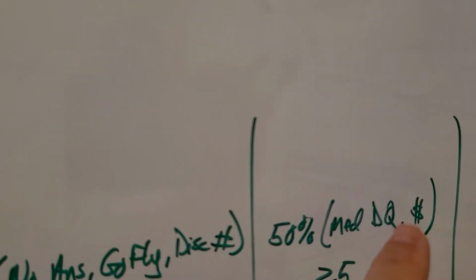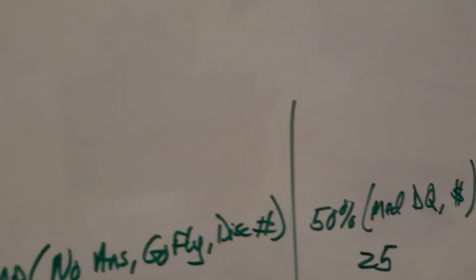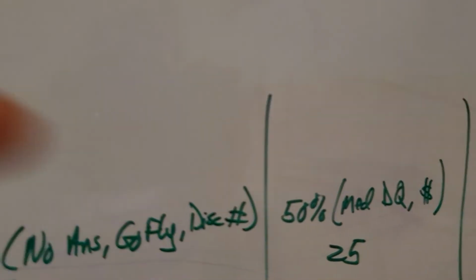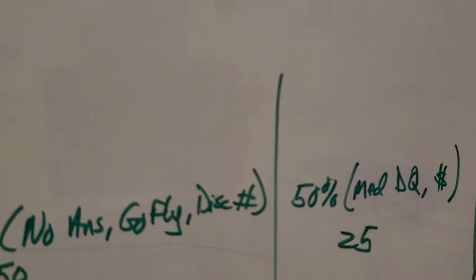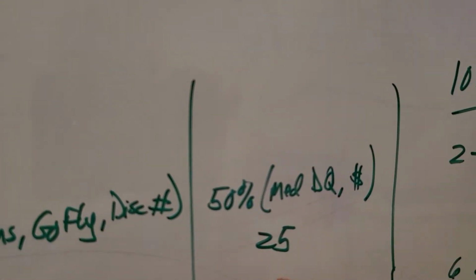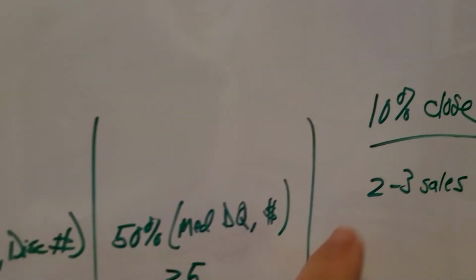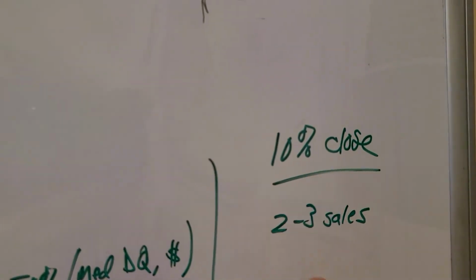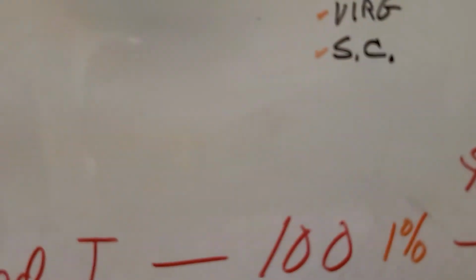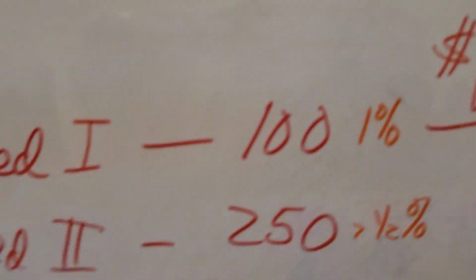They legitimately don't have any money. That's a fake excuse, but I'm giving that to say I'm going to eliminate another 50% to only have 25 shots. Out of 25 shots, if I only close 10%, that's going to give me 2 to 3 sales out of this section here.